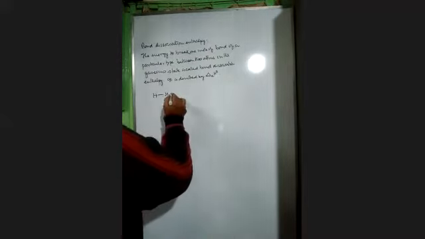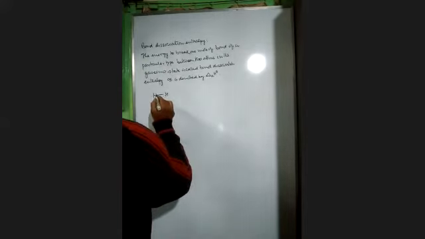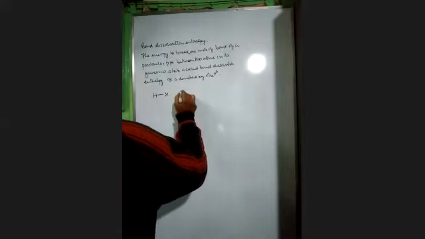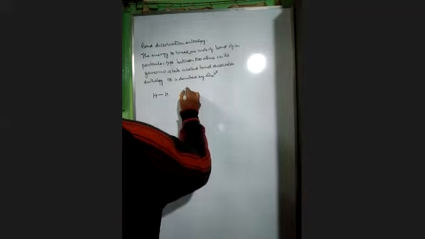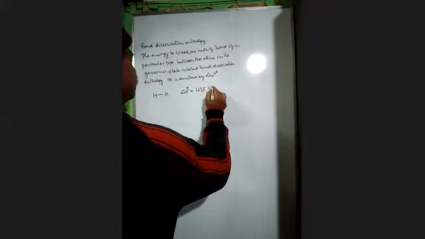See, this bond I have to break. So here in this case, the energy delta H naught is 435 kilojoule. But I'm supposed to find for one atom. After breaking, how many atoms do I get? See here, when I break it, I get 2 atoms.